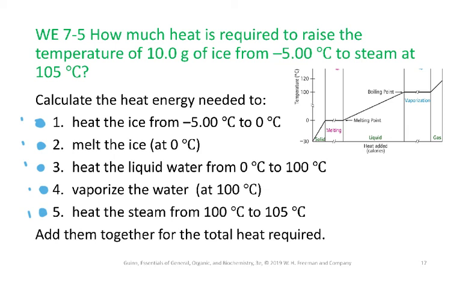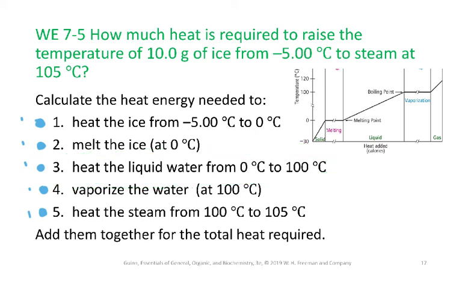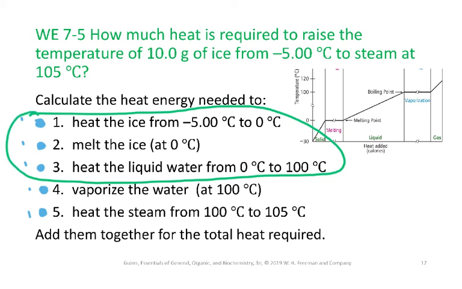You might get simply heating up water, and then we would just use this part, and we would take the true temperature change. Or we might get something like just from ice to heated water, so we'd have some subsection of this.